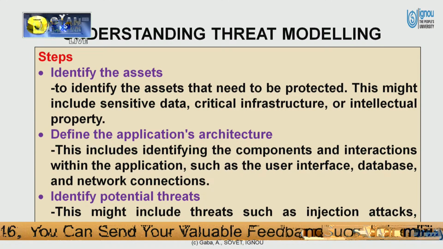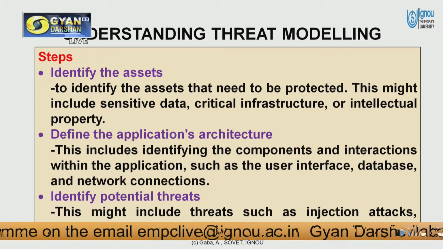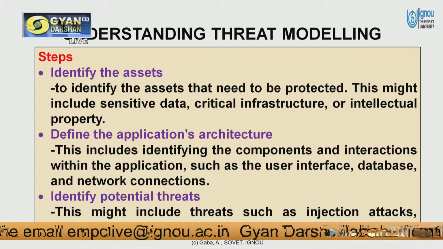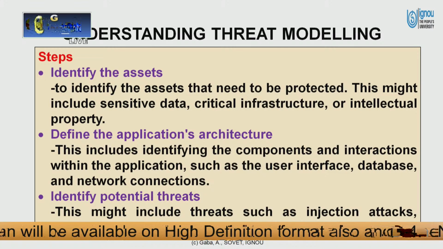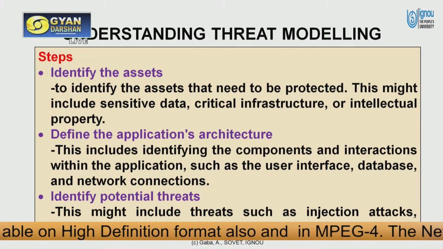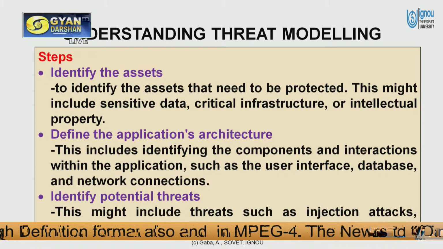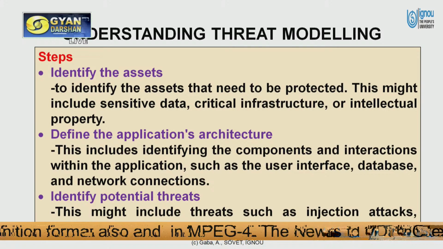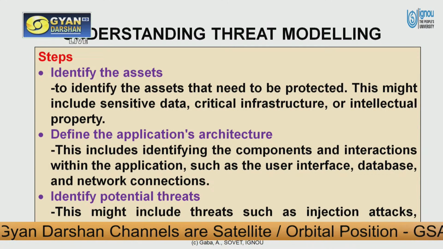Number 2, define the application architecture design. This step includes identifying the components and interactions within the application, such as the user interface, database, and network connections. We explain this in the graphic illustrations. When you start these steps of the threat modeling concept, you have to define the application architecture in your organization, industry or employer.